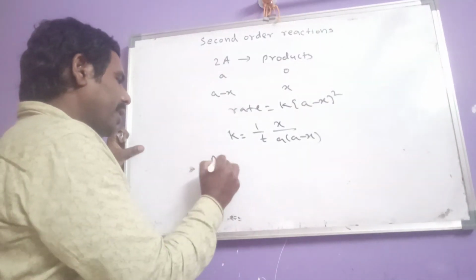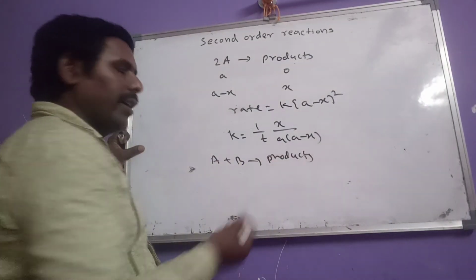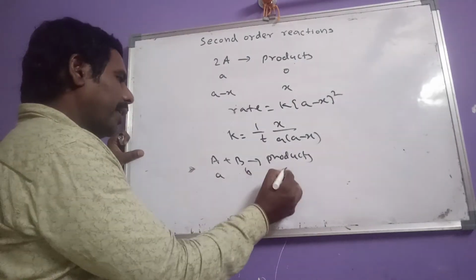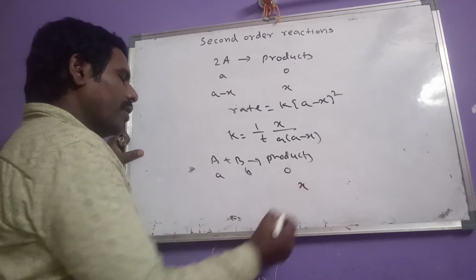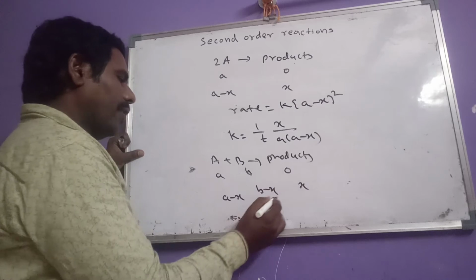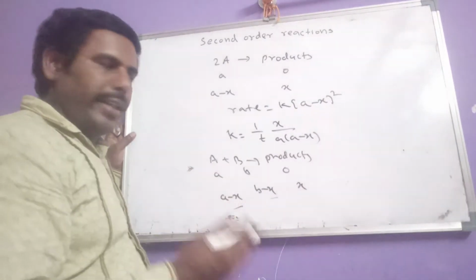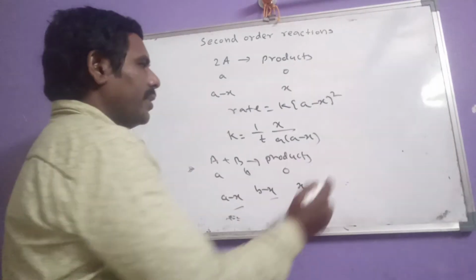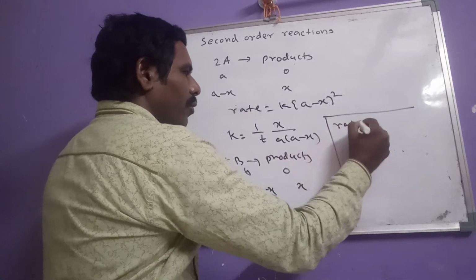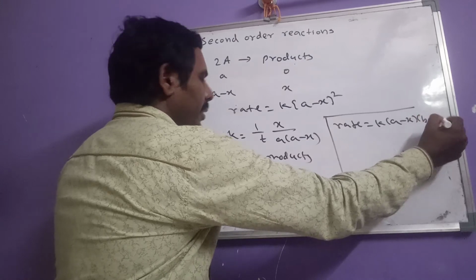But sometimes A plus B gives products. Like this also, a second order reaction might be there. Initial concentrations of A and B are a and b, and when x moles of products are formed, the concentrations after time t are a minus x and b minus x. Therefore, for this type of second order reaction, rate equals k into (a minus x) into (b minus x).